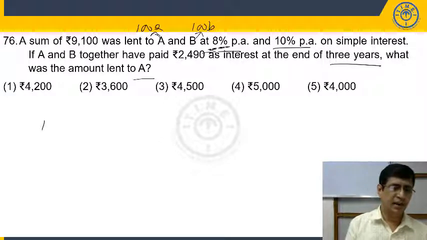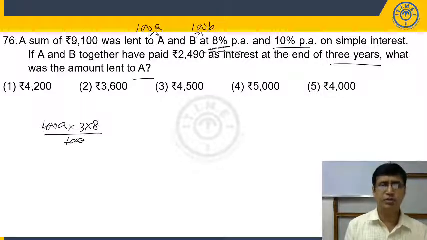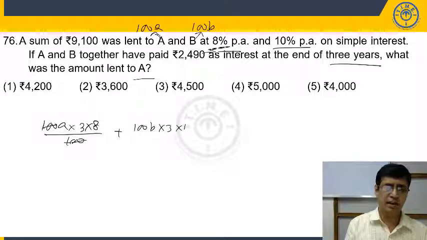If you observe, 100A into 3 years into 8%, how much is the result? It is 24A. Similarly, 3 into 10 is 30B: 100B into 3 into 10 by 100, you will get 30B.